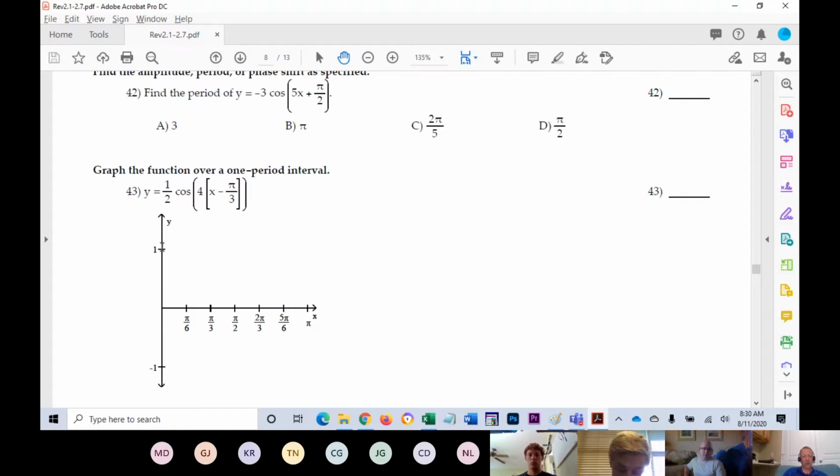Instead of going all the way up to 1, we're going to start here, a half. And then we'll move over. Before we shift, we'll worry about the shift at the end. Normally, if I were drawing this, we're only going to pi halves, right? So I'm going to go down, and I'm going to stop at pi halves.